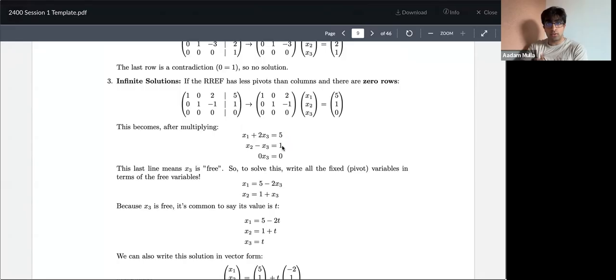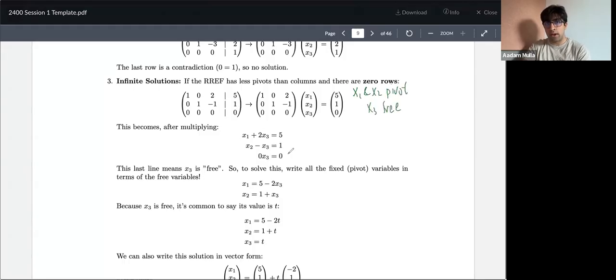This one sets a restriction on x2 and x3, but x3 itself can be whatever it wants, because when we do this matrix multiplication, we get 0x3 equals 0, and so there's no direct restriction on x3. Because of this, we recognize that x1 and x2 are pivot, and x3 is free.